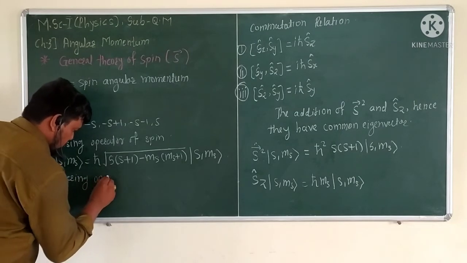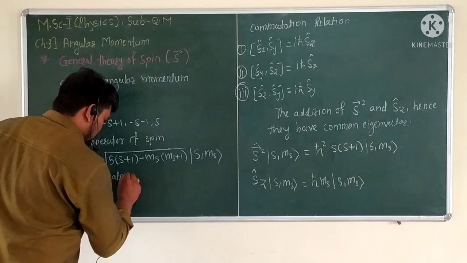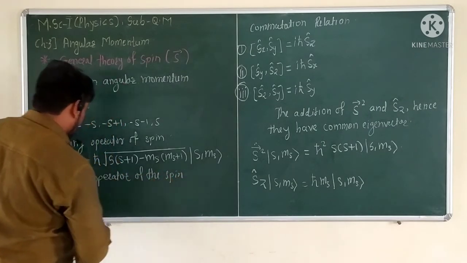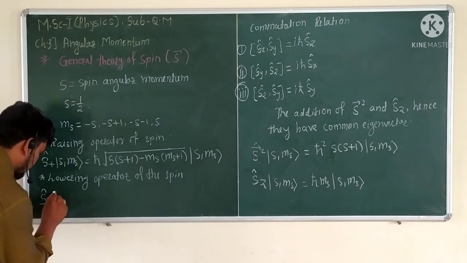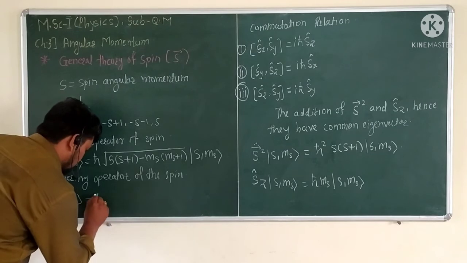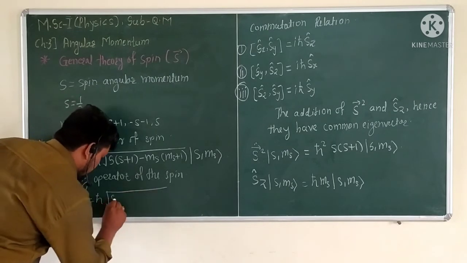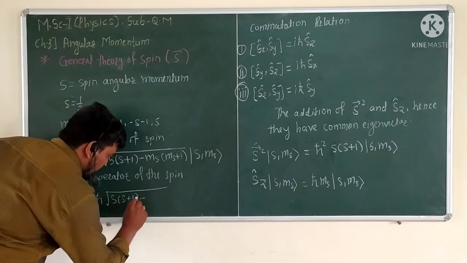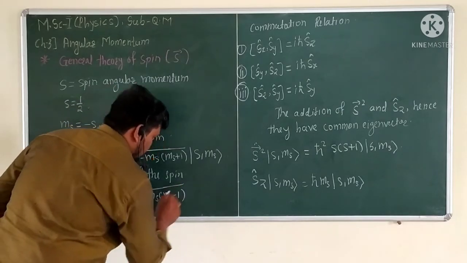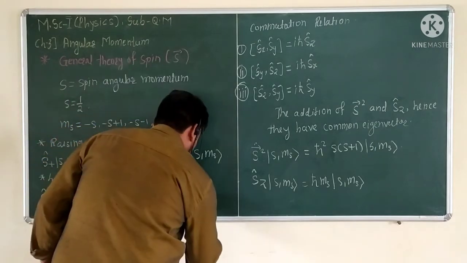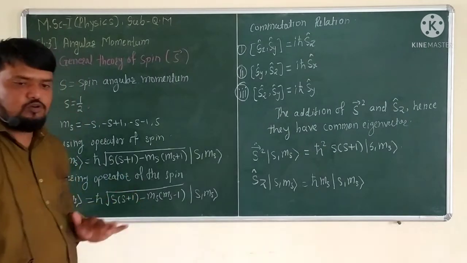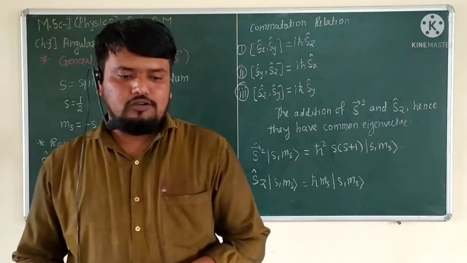This is nothing but S cap minus of s comma ms is nothing but h cross into under root of s into s plus 1 minus ms into ms minus 1, in bracket ket vector of s comma ms. So this is the formula of the lowering operator of the spin.